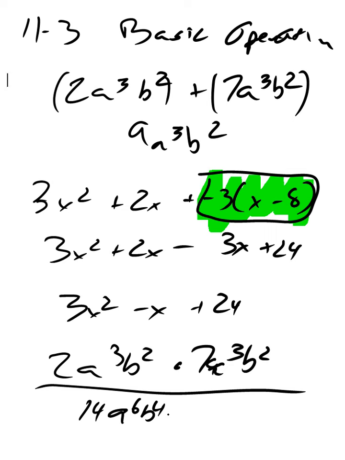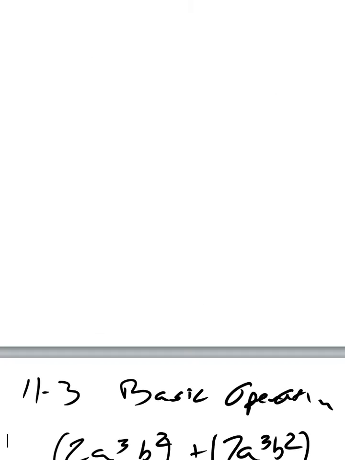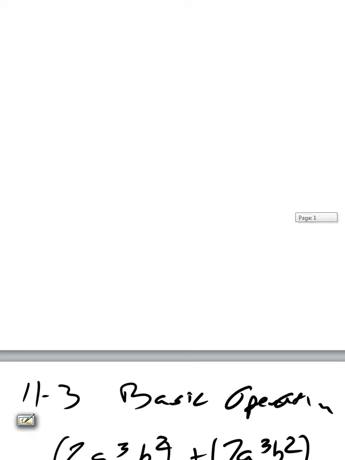The next thing that talks about here is the FOIL method. Now I'm going to go to a different page with that. FOIL stands for first, outside, inside, and last.